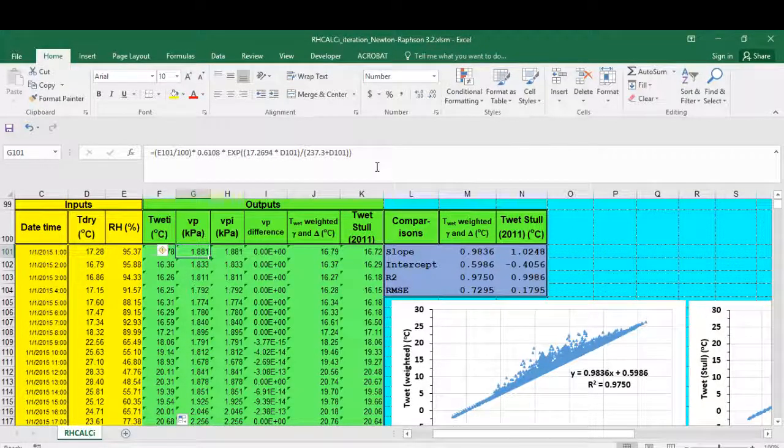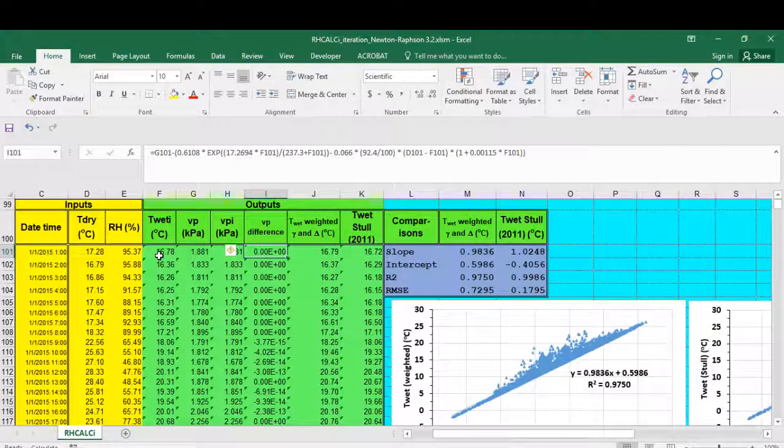I've recalculated the vapor pressure based on the psychrometric equation, dry bulb and the iterative wet bulb. I've computed the difference, and you can see the differences are extremely small. So that kind of validates the Newton-Raphson iterative method for computing the wet bulbs.